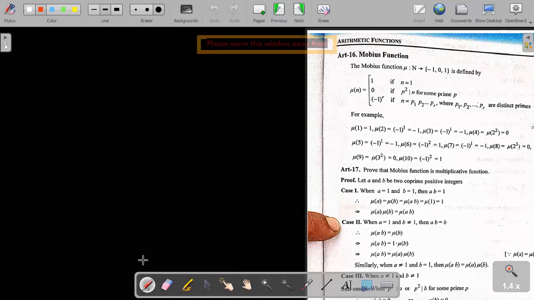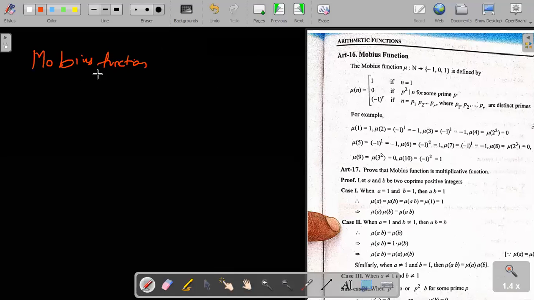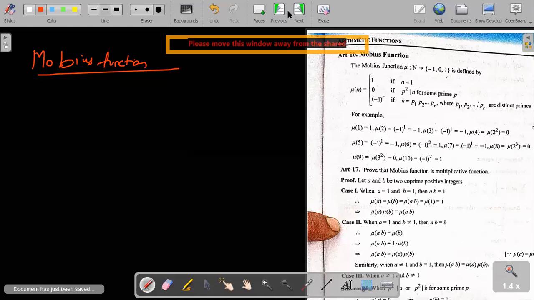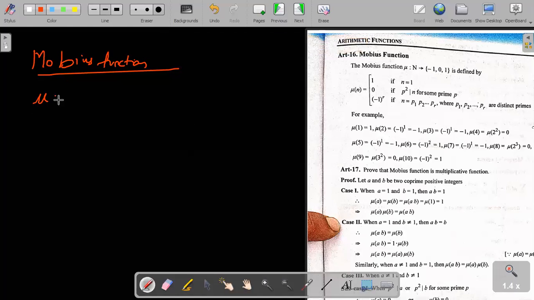So definition-wise, what is the Mobius function? Basically this function is a mapping from the set of natural numbers to -1, 0, 1.